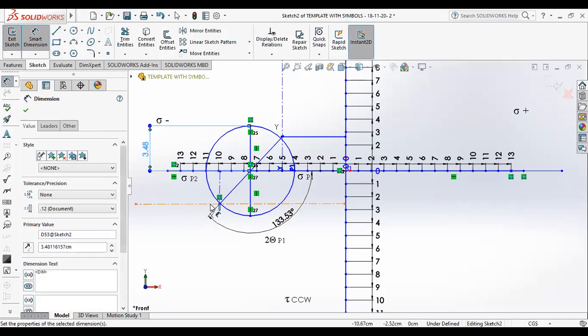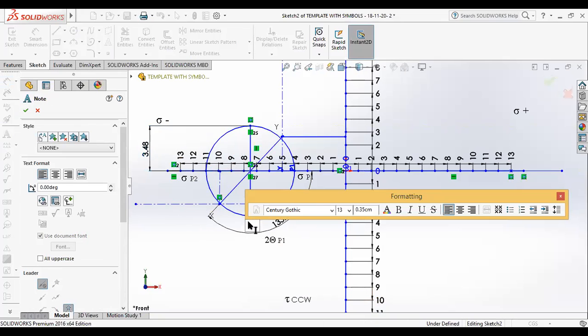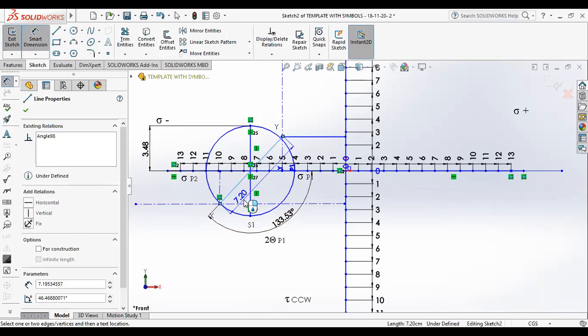In order to achieve tau max, this is my S1 face. This tau is counterclockwise. This is my S1 face. In order to achieve my maximum shear stress, how much should I rotate my x face? This is the x face, this is the y face. This has to be rotated. Let me measure the angle from here to this line.